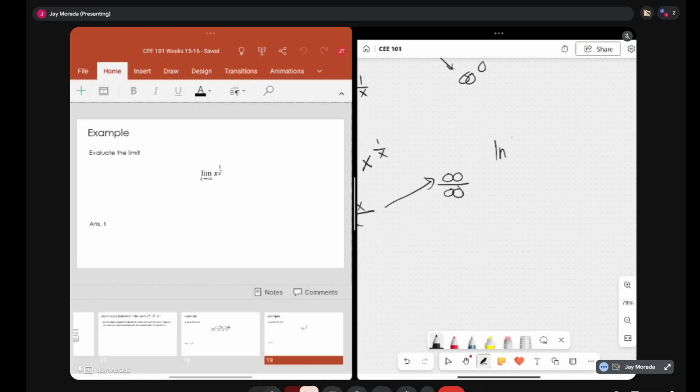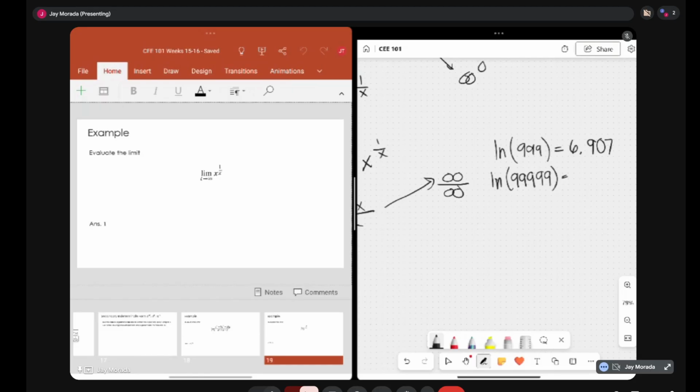So first, infinity is a very large number. So you can use, let's say, 999. Okay, so that will yield 6.907. That is not infinity. So since we are approaching infinity, you have to increase the number of nines.